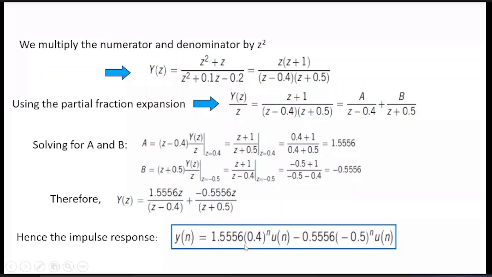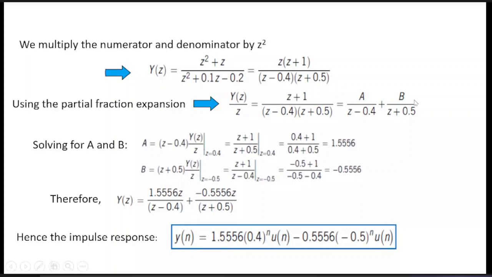According to the formula, 1 by 1 minus a z inverse, which actually means z by z minus a, has the time domain signal alpha to the power n u(n).